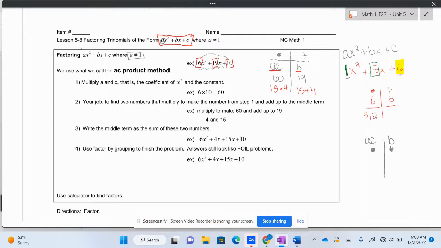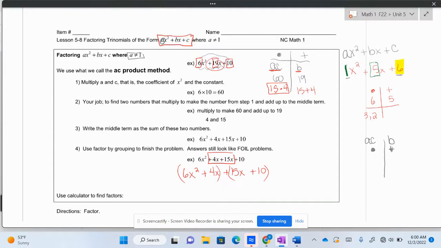So we're going to rewrite it as a grouping: 6x squared plus 4x plus 15x plus 10, because the two terms that we use added together equal 19. And then we're going to use the grouping method that we learned when we first started factoring.